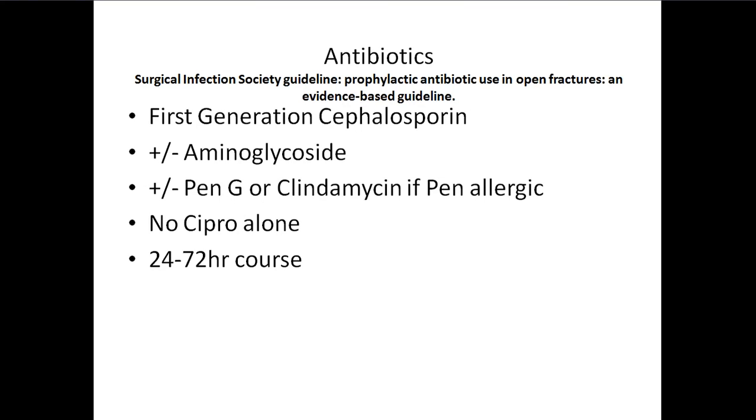We give cephalosporins because first generation covers gram positive, the second generation covers both positive and negative, and the third generation mainly covers gram negative. So we prefer either third generation or second generation.